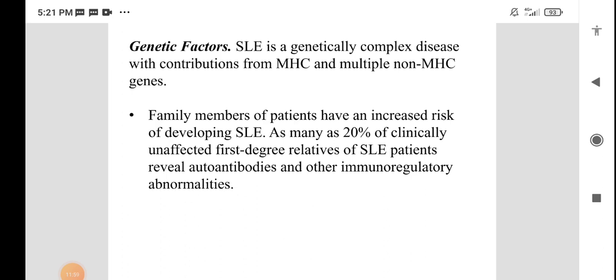Coming to genetic factors, SLE is a genetically complex disease with contributions from MHC and multiple non-MHC genes. Family members of patients have an increased risk of developing SLE. As many as 20% of clinically unaffected first-degree relatives of SLE patients reveal autoantibodies and other immunoregulatory abnormalities.